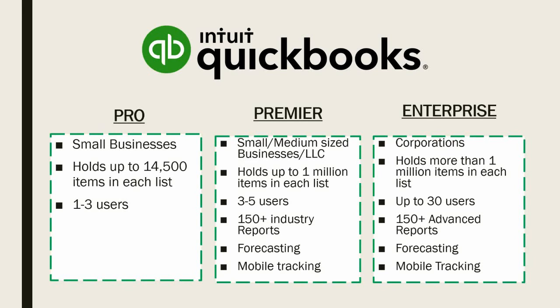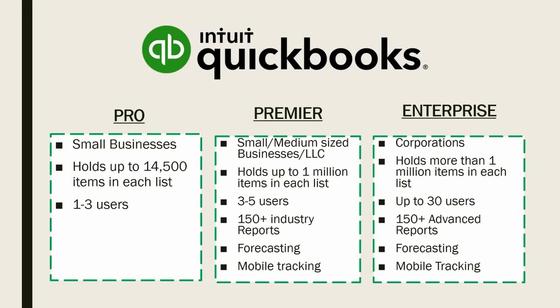Once again, for Pro, you can only have up to 1 to 3 users at one time. That's key that you know that, especially when you start a small business, right? The 3 people, if you had to list them out, would be 1 your accountant, 2 the boss, and 3 maybe 1 employee.